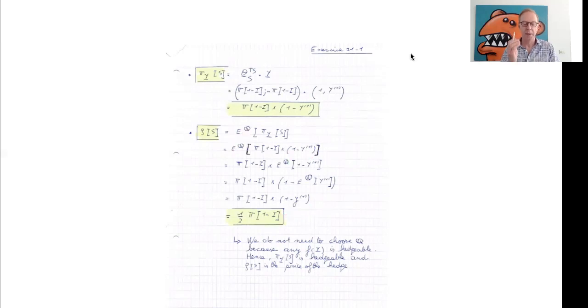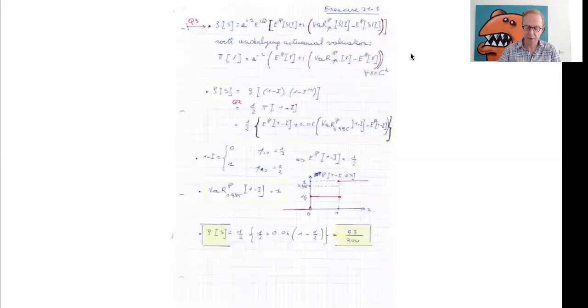So the value, the two-step value of S in our particular setting is 1/2 π(1 − I). Important remark, we do not have to choose Q because any F_y-claim is hedgeable. Hence, also π_y(S) is hedgeable, and ρ(S) is the price of that hedge, and this price is uniquely determined. So our ρ(S) does not depend on the particular choice of Q.